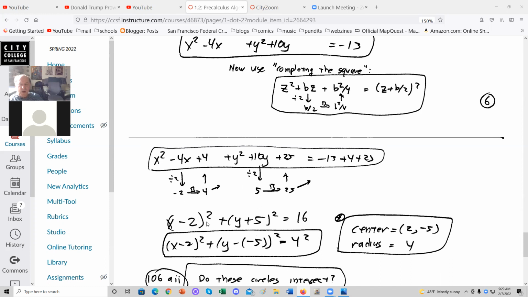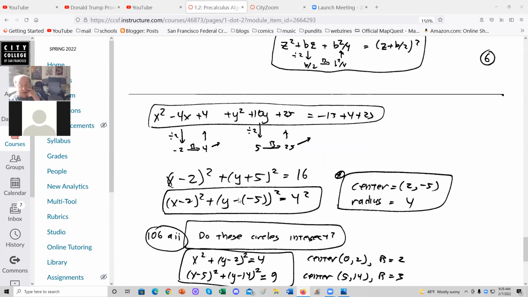So x minus 2 squared plus y plus 5 squared equals, this works out to 16 or 4 squared. So x minus 2 squared plus y minus -5 squared equals 4 squared. So here's an h, 2, here's a k, -5, here's an r, 4. Center is 2 by -5, the radius is 4.